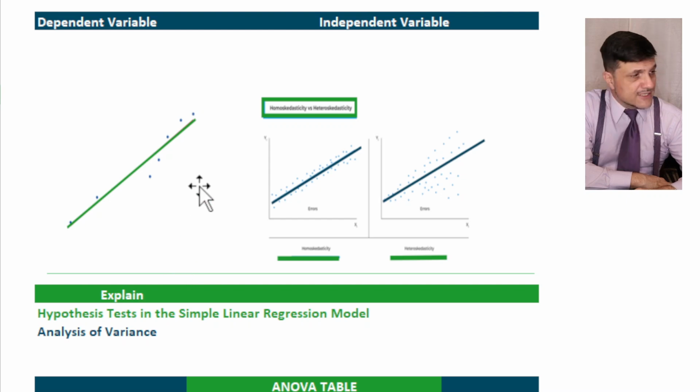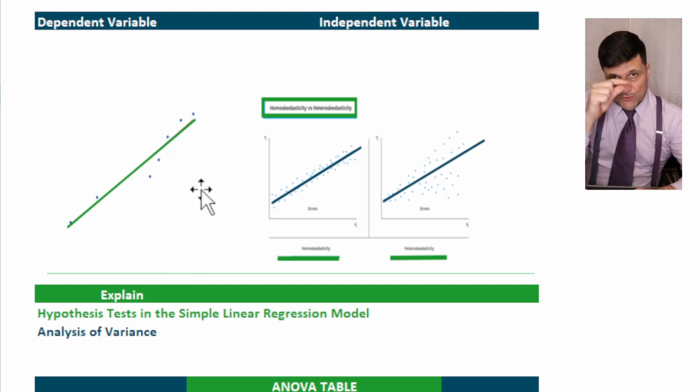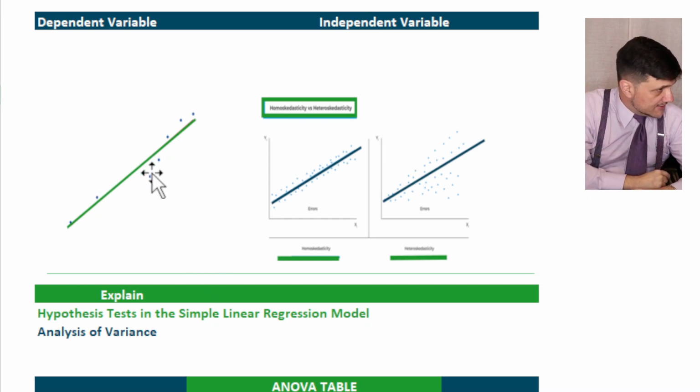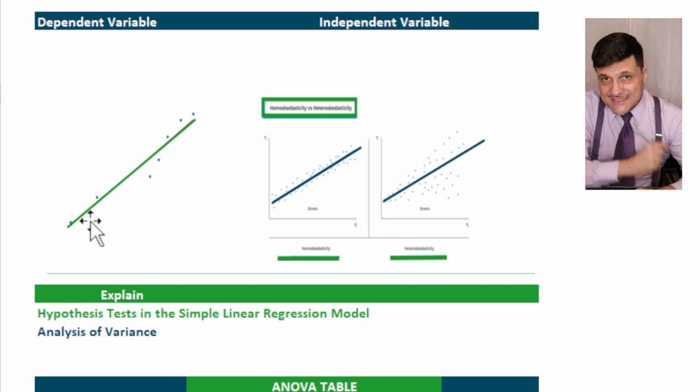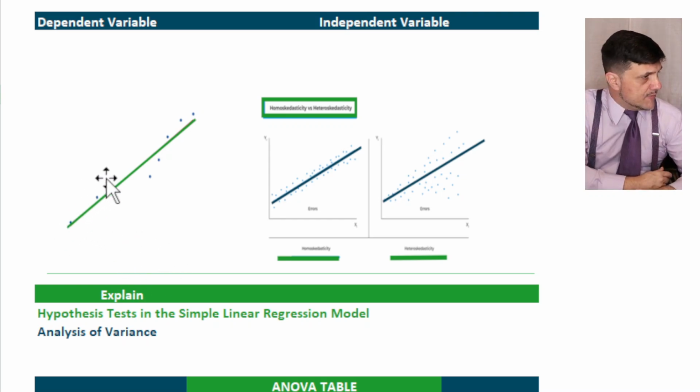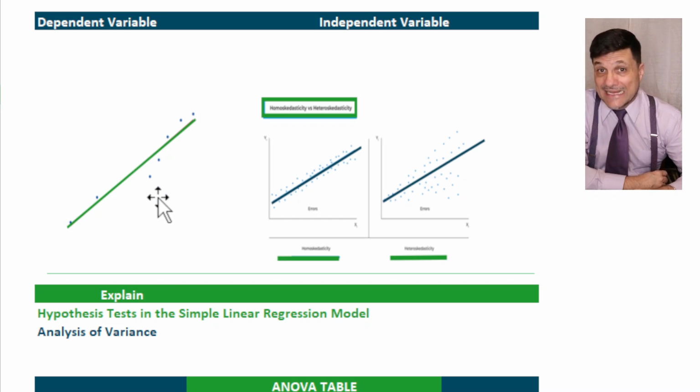So notice that there is a distance between the real one, which is the dot, and the line. Take a look, like a little distance. Okay. Notice that that distance, which we call the error, is small and pretty much the same. Right? When you say pretty much the same, it's not that they have to be identical, right? When you say homogeneity, it means pretty much the same.